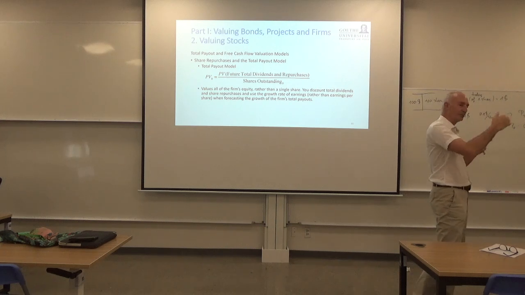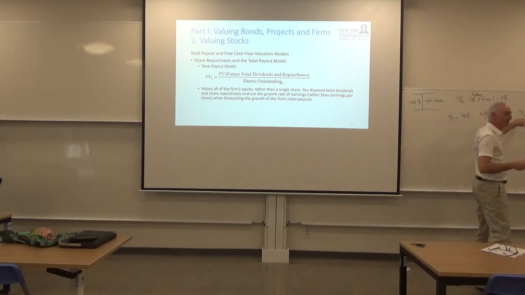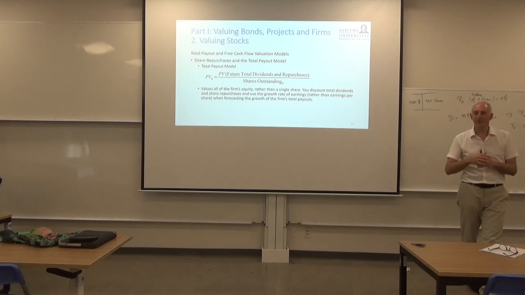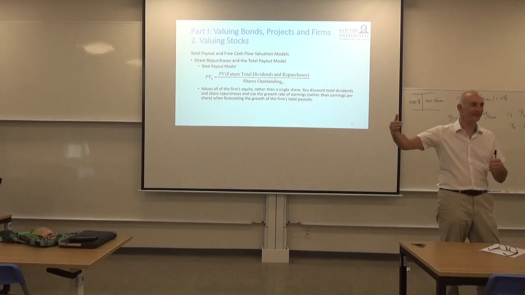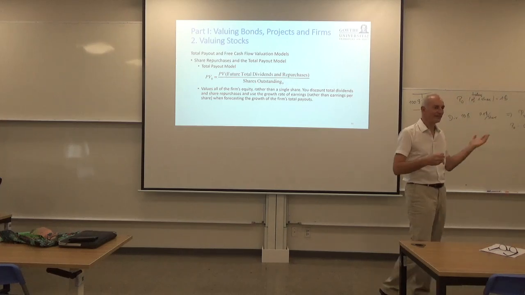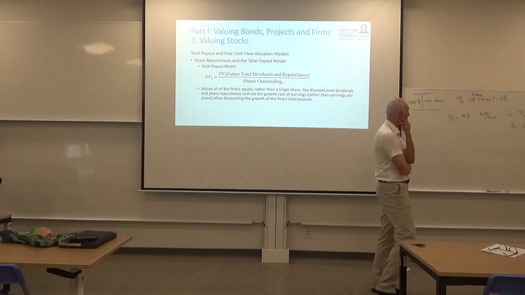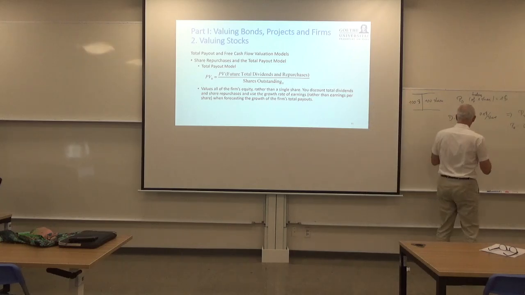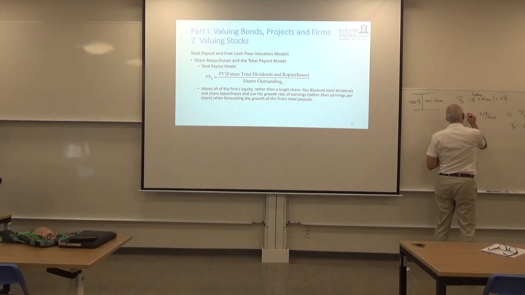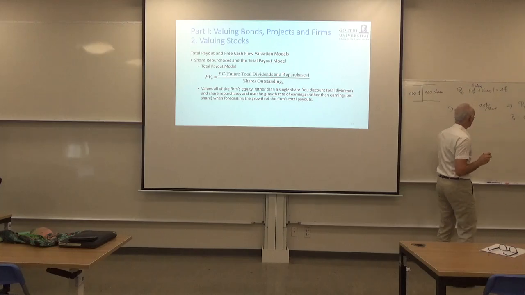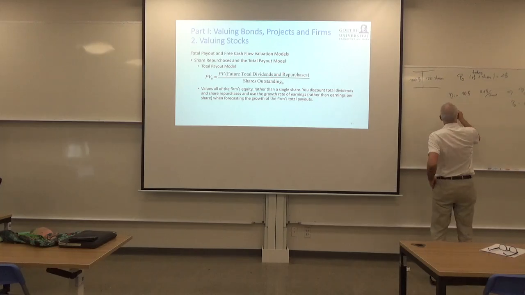Usually in our models, P1 is in 1 year, and then you would have to discount this by 1 year. But let's say this is basically tomorrow, and there was no discounting. So it's $10.